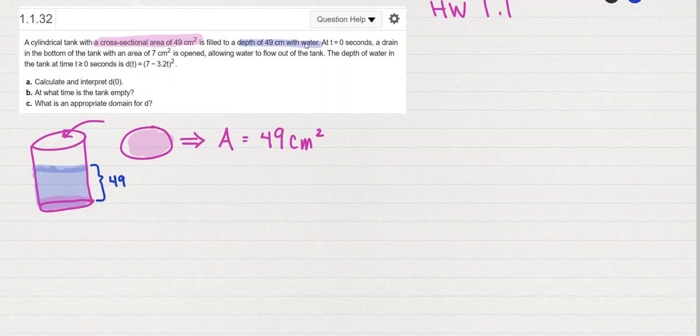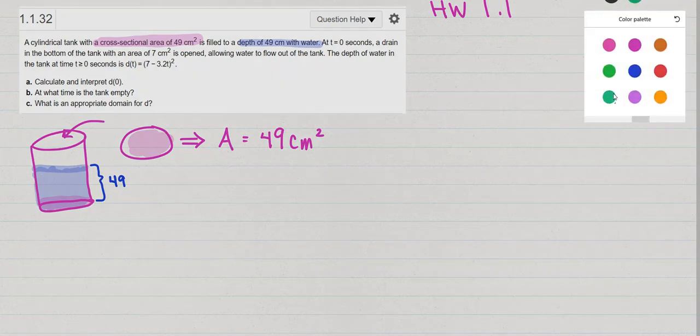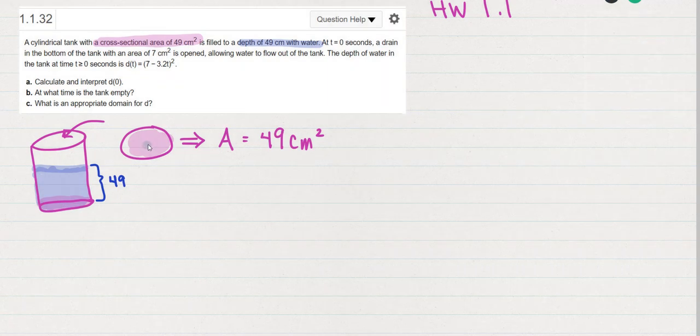And what do we know about this tank and the water that's contained in it? When we start the clock, so when time equals 0, a drain at the bottom of the tank with an area of 7 centimeters squared. And let me say that this little drain at the bottom, it really doesn't matter that that drain is 7 centimeters squared.